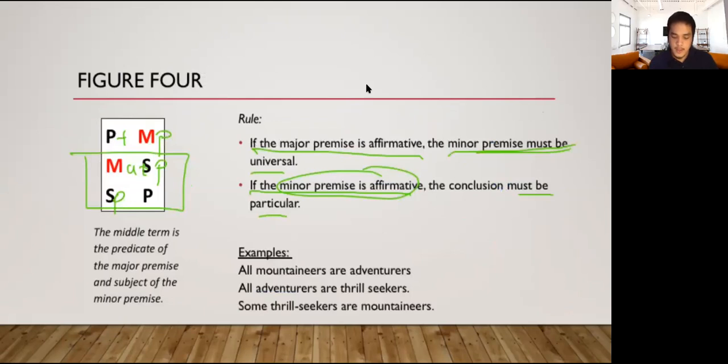Now, let's discuss this example. We have all mountaineers are adventurers. So we have adventurers as the middle term, and then this is also the middle term. Take note, we have followed the first rule.